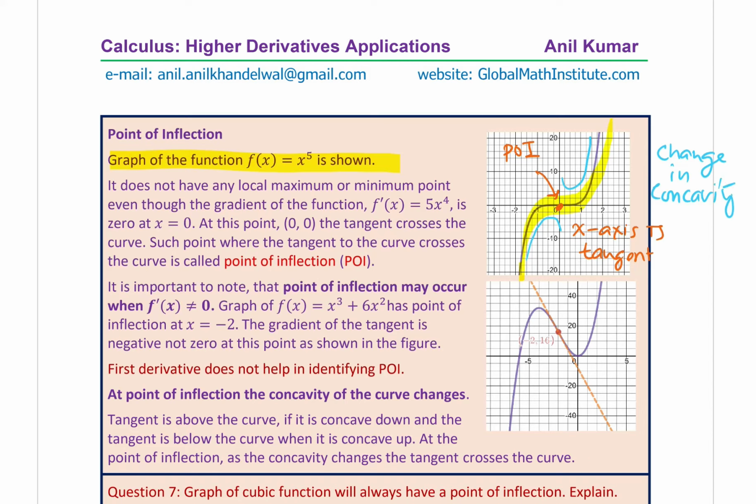So at point of inflection, it crosses, kind of adjusts from going from above the graph to below the graph. And that is one of the reasons why the tangent actually crosses the curve at the point of inflection. Is that clear? So that brings us to the next question, which is question number 7 for you.